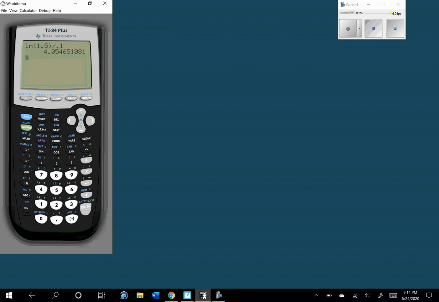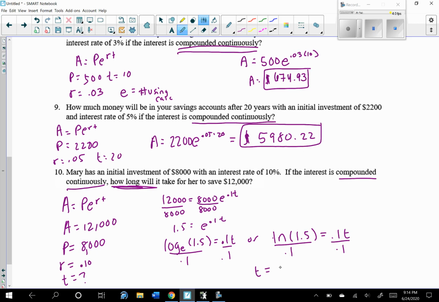And again, even if you did use the log base e, which is fine, notice you would still get the same answer, 4.05 years, for her to save that amount of money. And that's it for this lesson.